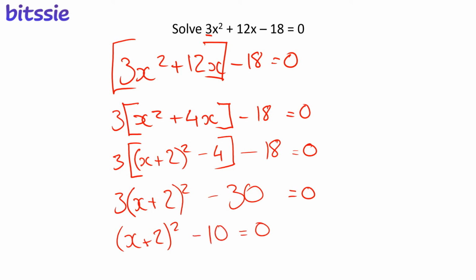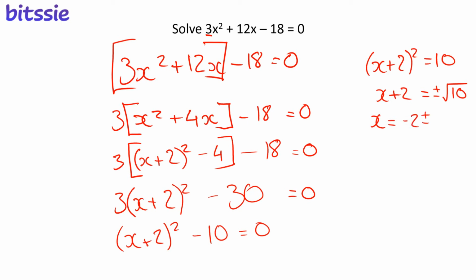Add 10 to both sides, (x + 2)² = 10. Square root both sides, x + 2 = plus or minus root 10. And then subtract 2 from both sides to give us x = -2 plus or minus root 10. Hence our answer.